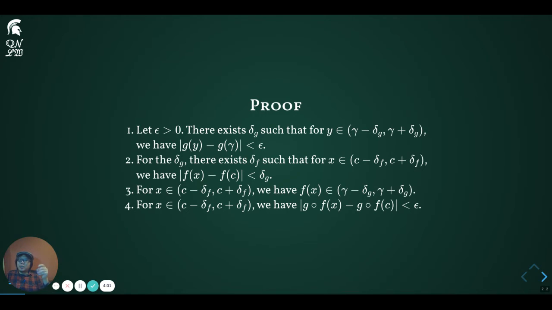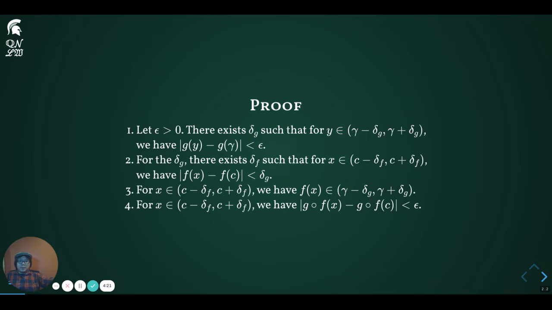Since f is upstream of g, this information is relayed back to f, which then decides that its input tolerance must be based on this information. The proof on this slide formalizes this concept. Let's go through it.